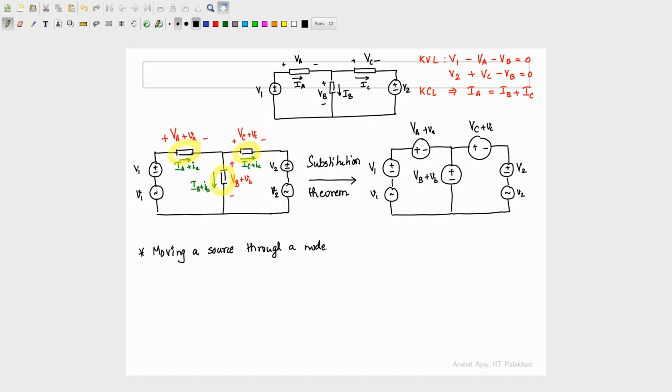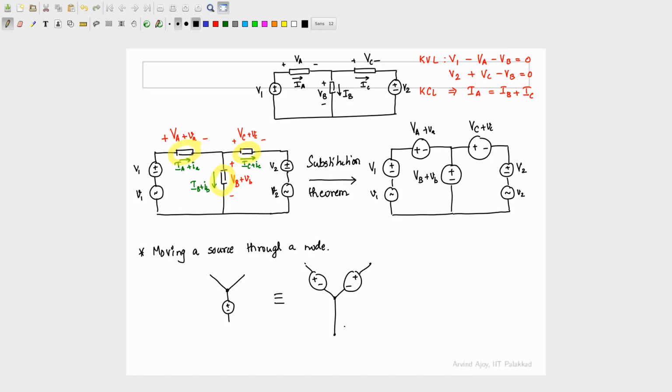All right, so I'm going to do a trick which I didn't do actually in the first course. It's moving a source through a node.